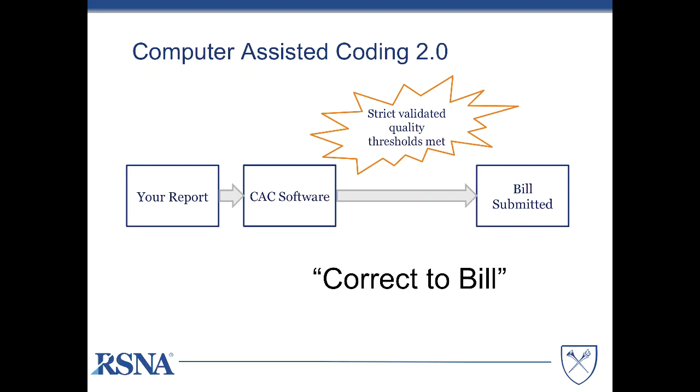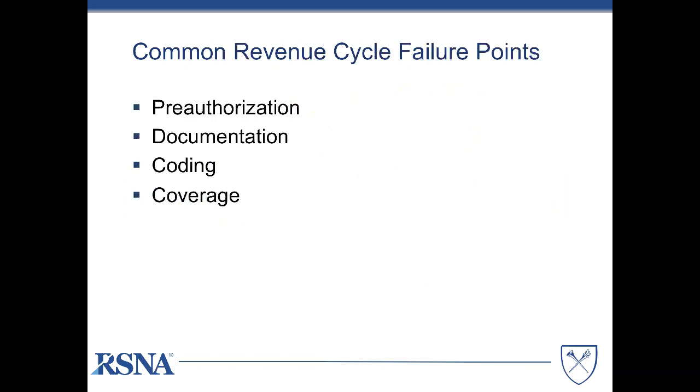We then consider those cases, quote, correct to bill, and submit those claims in an automated manner. Obviously, the better the physician documentation and the more consistent the templates and the more straightforward the cases, the more likely that any report will be assigned electronically as correct to bill. More, again, on using this metric in just a bit.